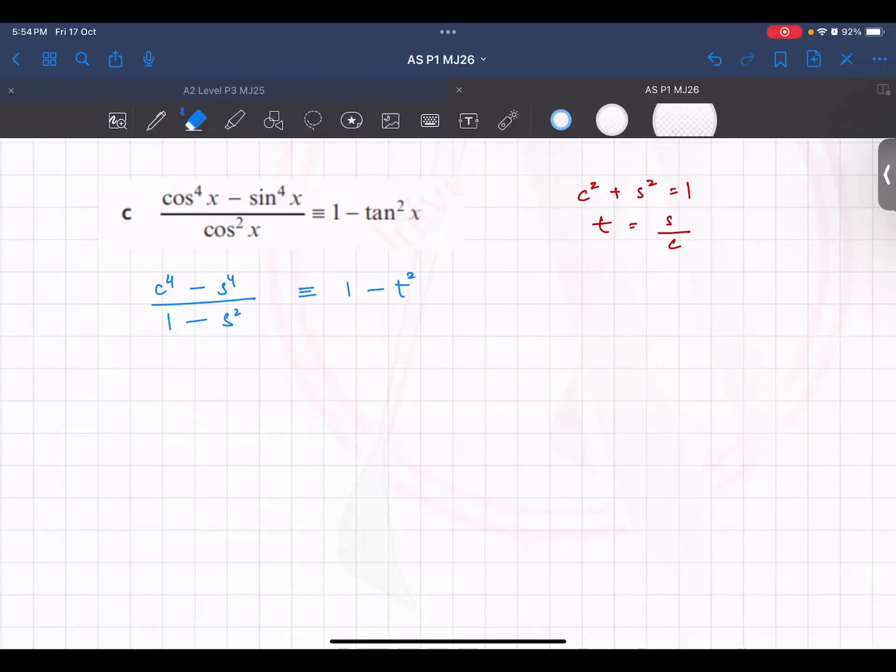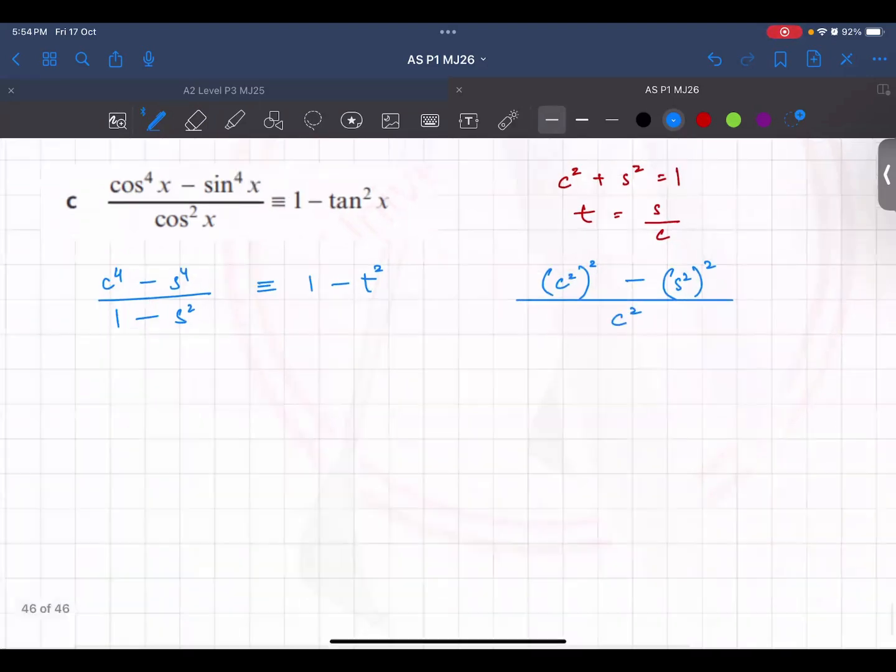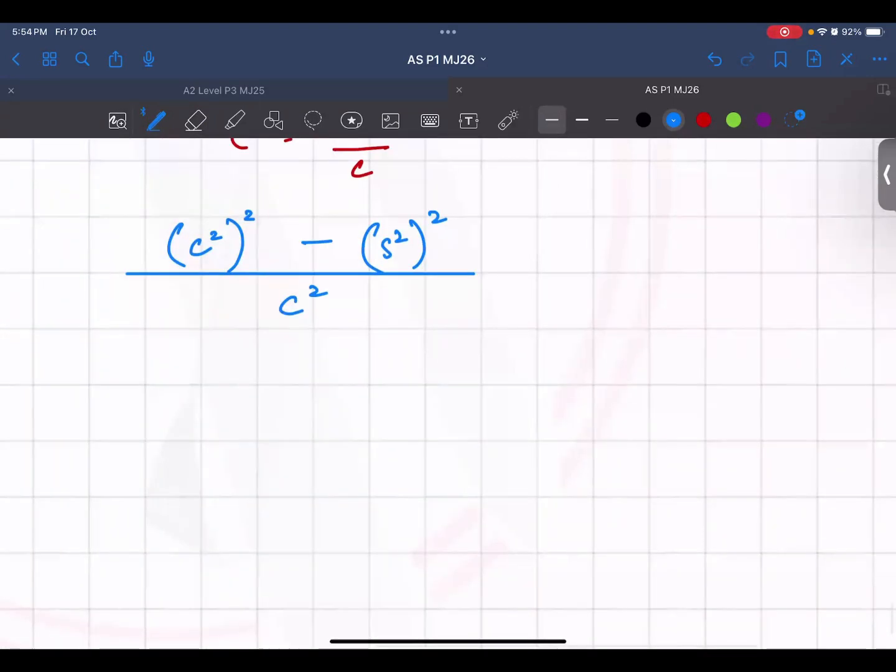So for that, my mind would say that I can use the third algebraic identity, a square minus b square. So if I write cos square power square minus sine square power square upon cos square, now you can see it is a square minus b square. Now you can write it down as (a plus b)(a minus b).